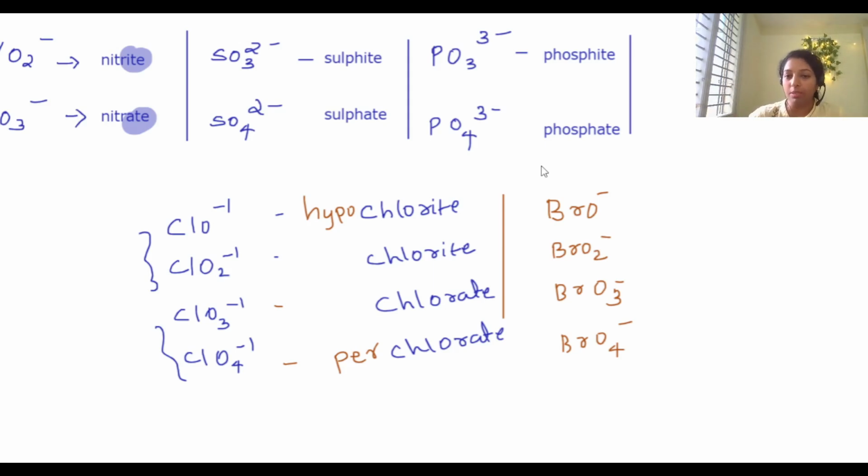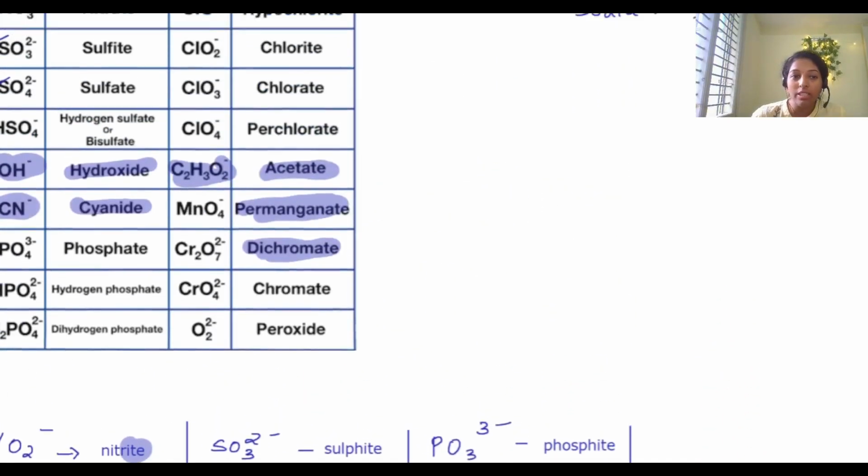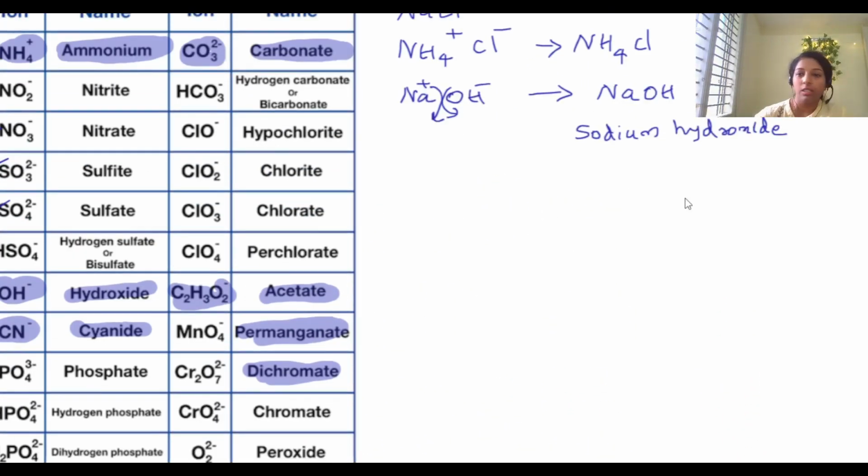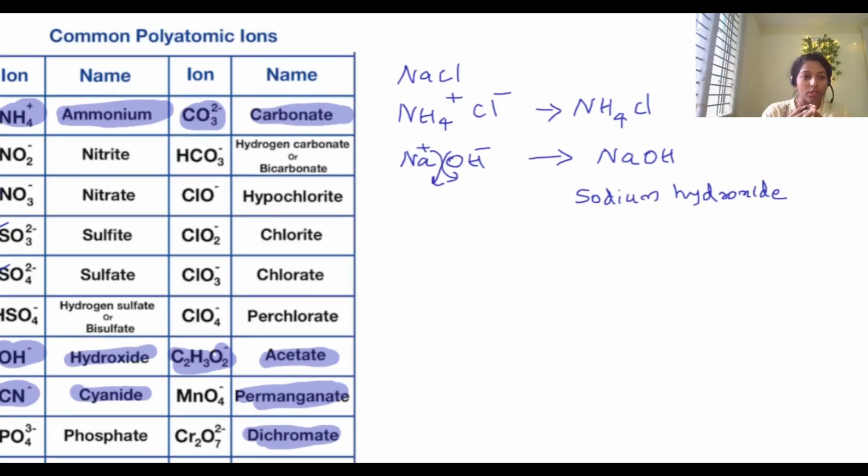Similarly IO minus, IO2 minus, IO3 minus and IO4 minus. Comment the answers. So in this way the list is lower, you just need to study very few polyatomic ions. All others you can study in this way.